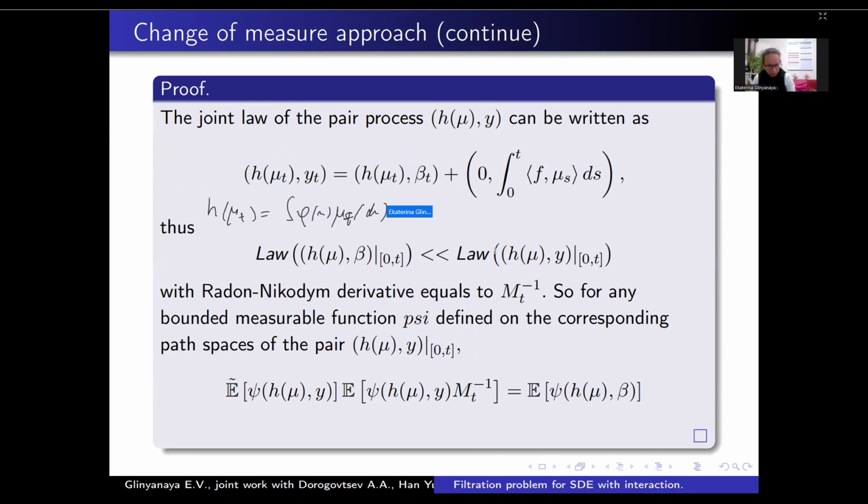Then here we will have the Ito process, and the Radon-Nikodym derivative will be equal just to this one, the same stochastic exponent.